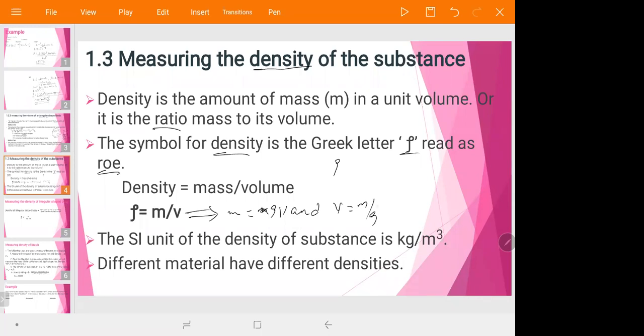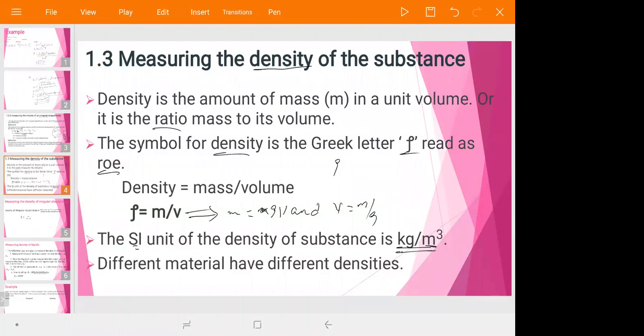Let us see the SI unit of density. The SI unit of density is kilogram per meter cube. This is one of the derived units, because density is a derived physical quantity.